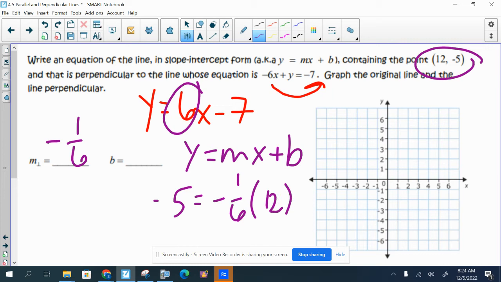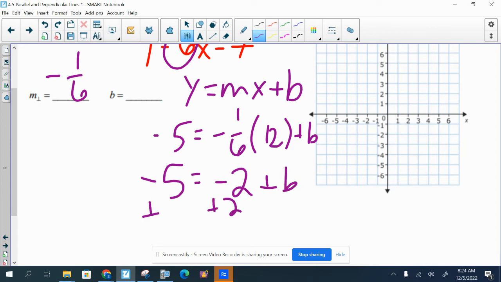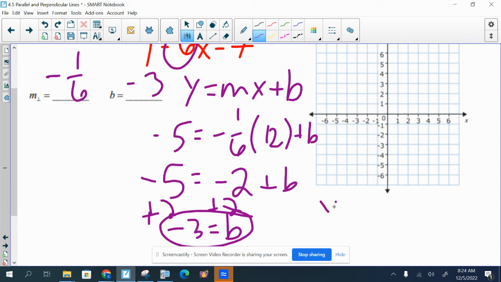They give us a nice point because 12 and 6 are divisible with each other. So that would make negative 2 plus b. Add the 2 over, and you get negative 3. So y perpendicular equals negative 1/6 x minus 3.